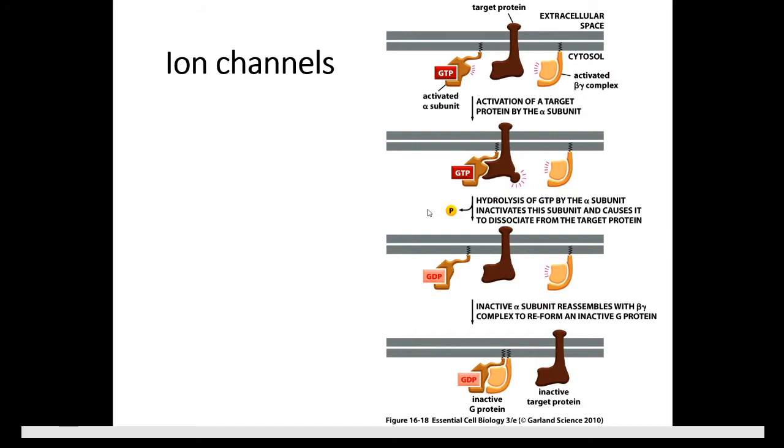The target protein may be responsible for any disease, or for a major gene transcription process. Many factors are there. The process of the ion channel pathway is binding of the activated alpha subunit of the G protein with the target protein.